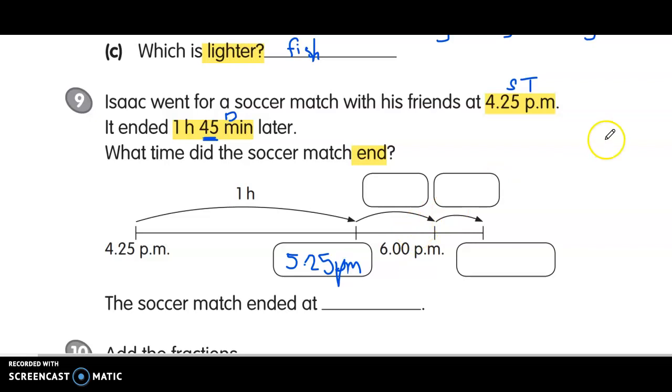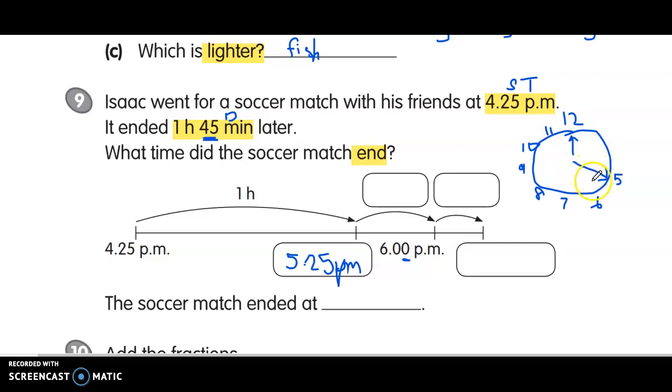How many more minutes from 5:25 to 6 o'clock? In a clock, 5:25 means the minute hand points at the number 5. If I want to reach o'clock, do you remember what number it must point to? It must point to 12, right? So we still have 6, 7, 8, 9, 10, 11.